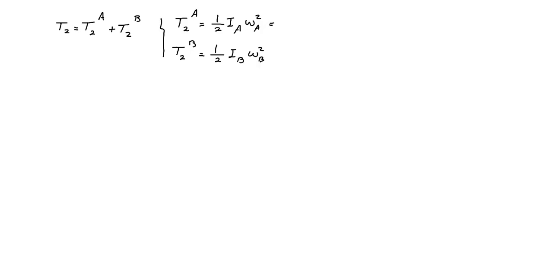I'm given IA, which is 0.002, and IB, for gear B, is 0.006.